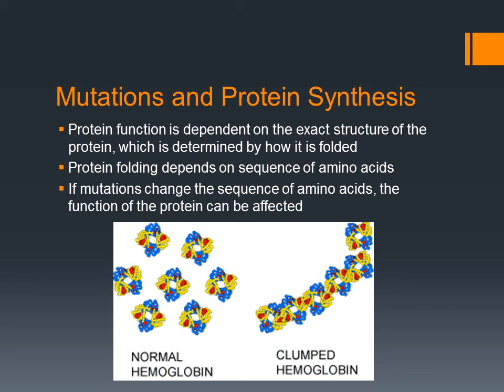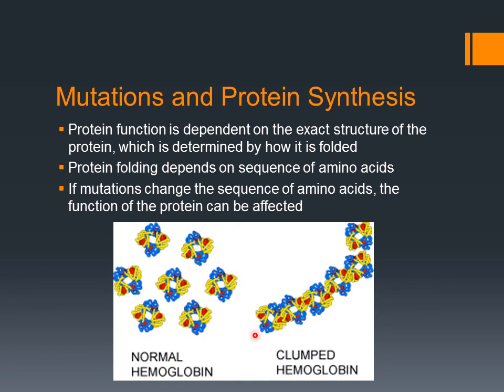And this is an example down here. Hemoglobin is the protein that we have in our red blood cells that carries oxygen through our bloodstream. Normally hemoglobin molecules just kind of float around in our blood. And if you change one base, if there's one point mutation, remember a point mutation is when you change a base from one letter to a different letter, you end up with mutated hemoglobin.